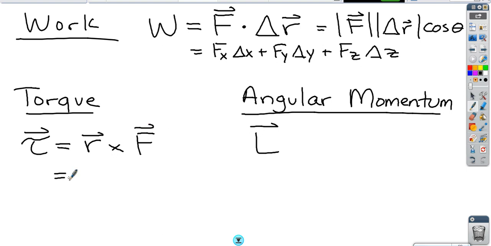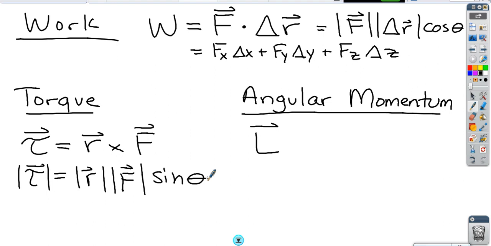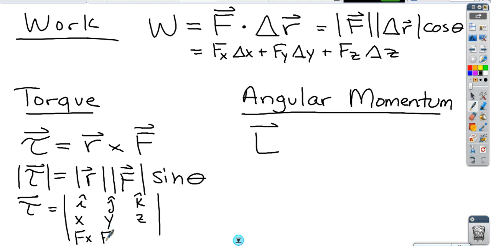So you could find the magnitude of the torque by doing magnitude of r times the magnitude of F times the sine of the angle between them, and use right hand rule to figure out the direction. Or if you knew the components, you could set up a matrix ijk, write in the coordinates of r and the components of F.